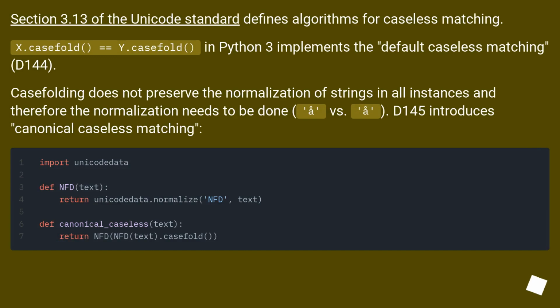X.casefold() == Y.casefold() in Python 3 implements the default caseless matching, D144. Casefolding does not preserve the normalization of strings in all instances, and therefore the normalization needs to be done, 'A' versus 'Å'. D145 introduces canonical caseless matching.